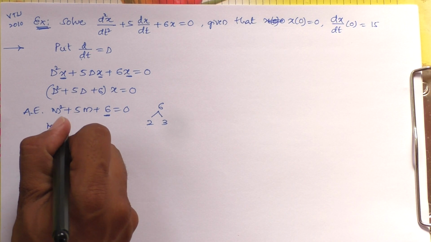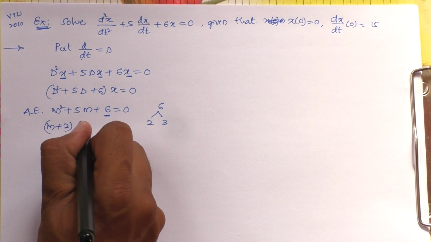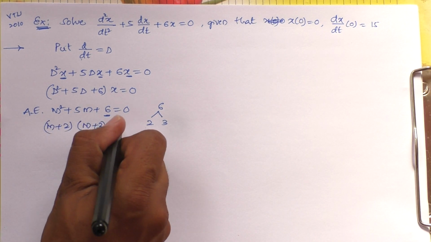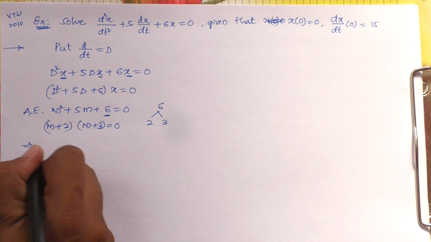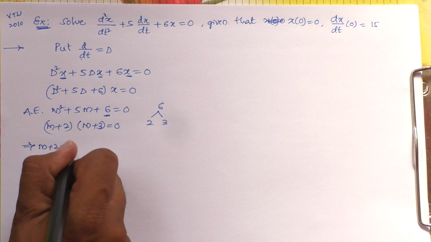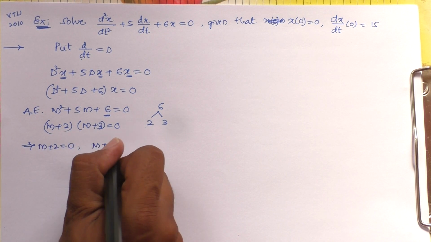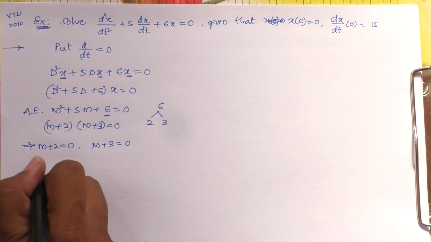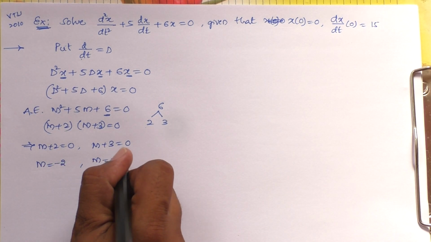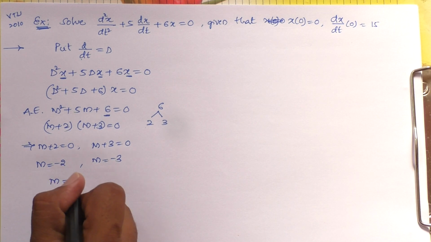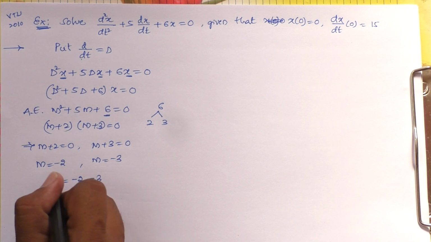So it can be written as (m + 2)(m + 3) = 0. The product of two factors is 0, so m + 2 = 0 or m + 3 = 0. So m = -2, m = -3.